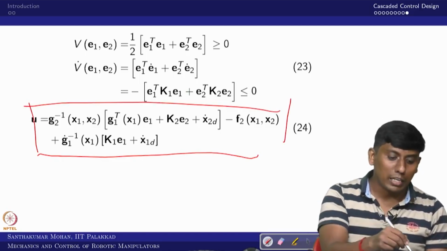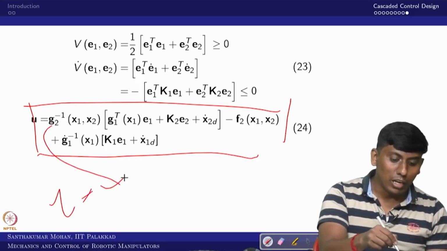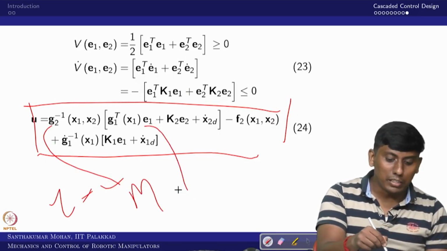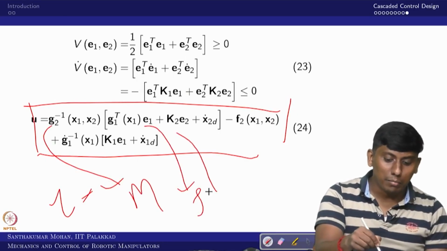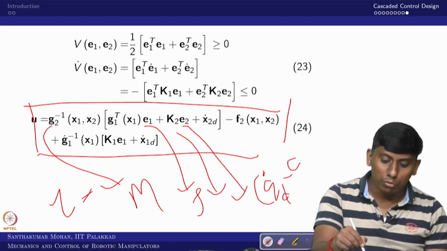Now you can convert this into tau, because U equals tau, and this becomes M, this becomes J, this becomes K2, and this E2 becomes Q dot desired minus Q dot.